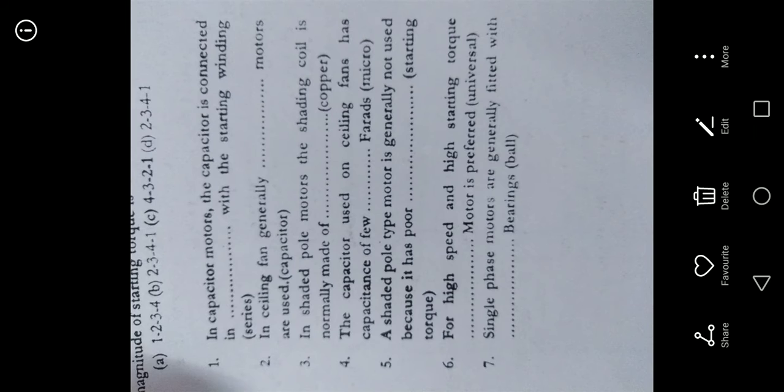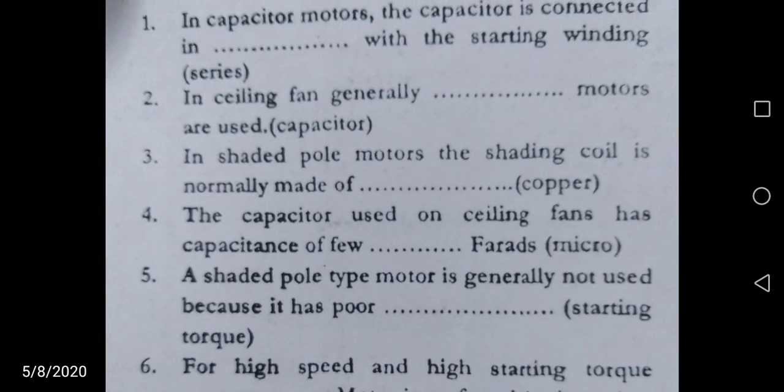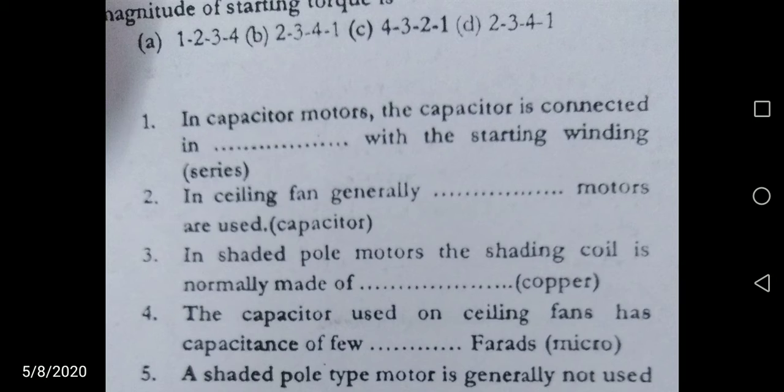So there are a few bits about the induction machine. In a capacitor motor, the capacitor is connected in series with the starting winding. In a ceiling fan, generally capacitor run motors are used.